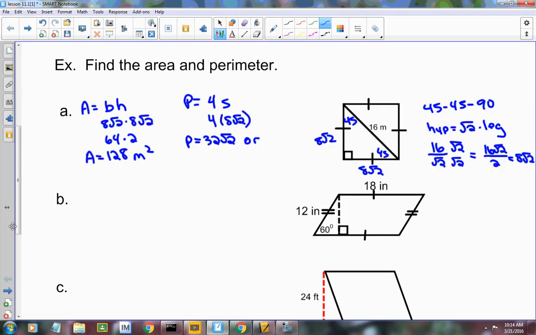Or, if I plug that into my calculator, it gives me 45.3 meters. Okay, 45.3 meters.